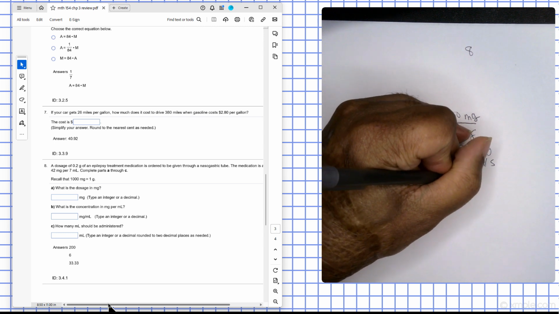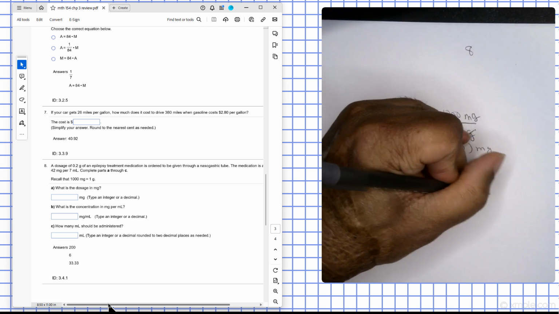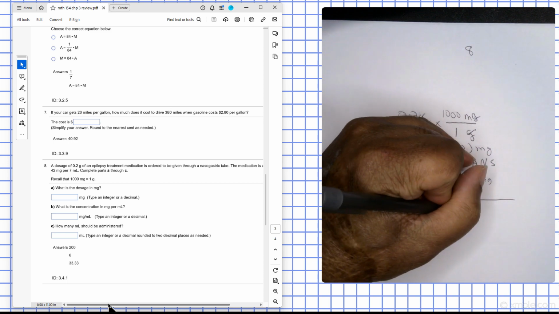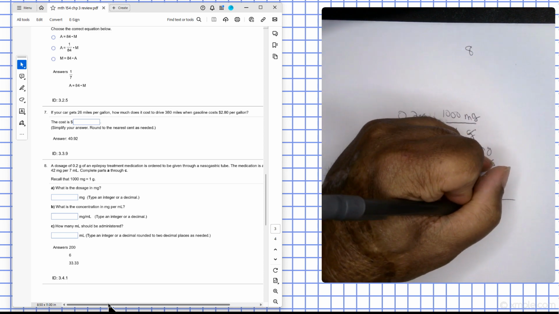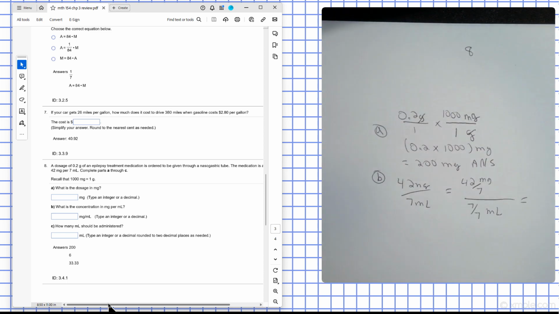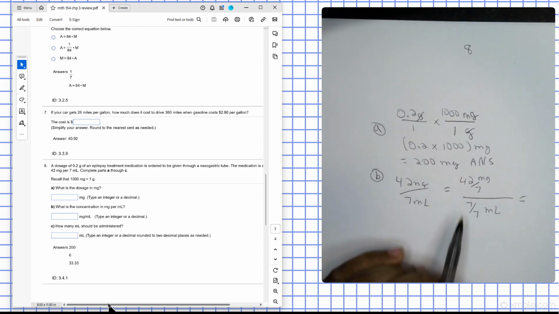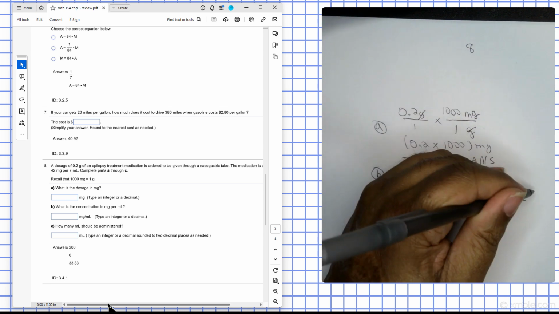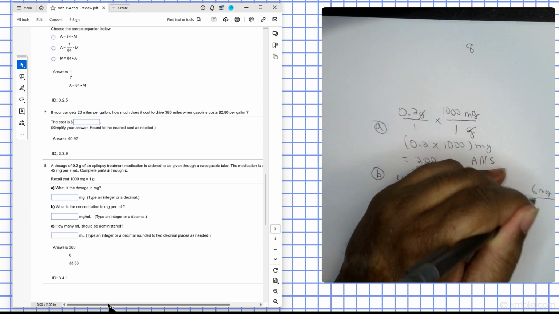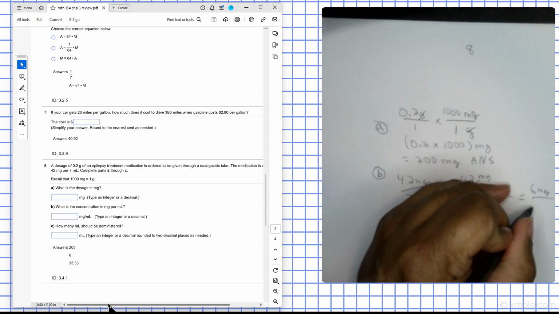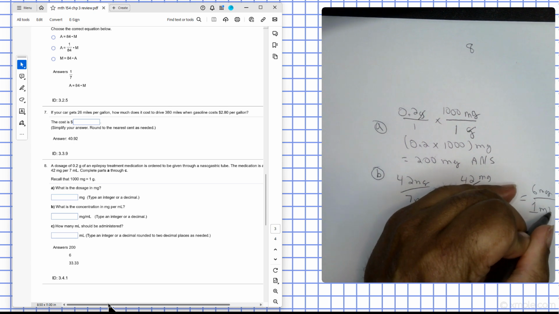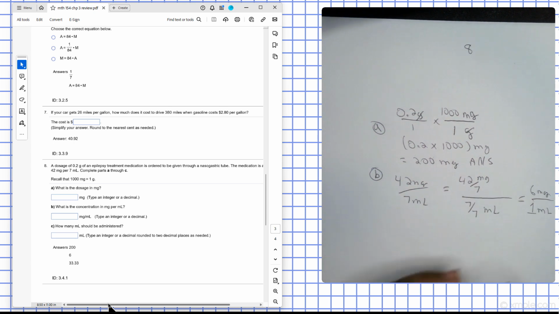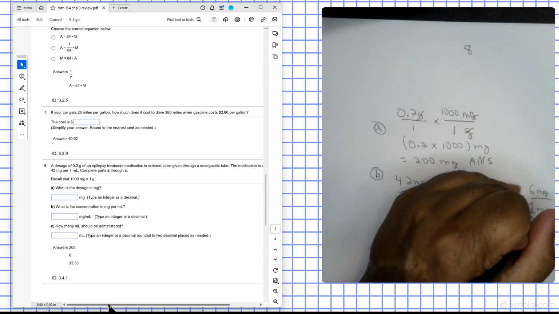So 42 milligrams divided by 7, and here I have 7 divided by 7 milliliters. And it simplifies. 42 divided by 7 is 6 milligrams for 1 milliliter. And that's our answer for that part of it.